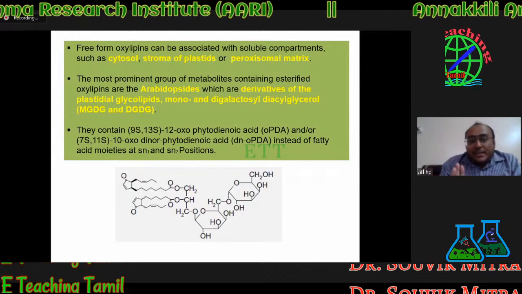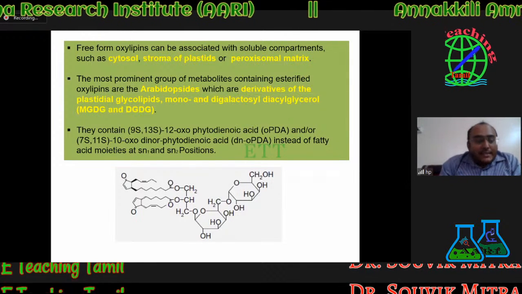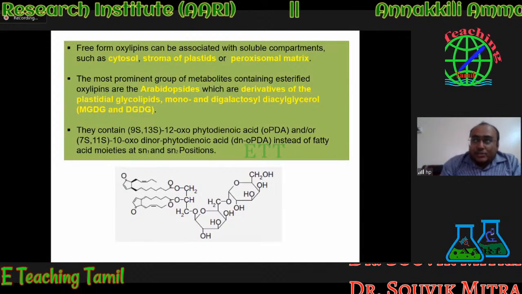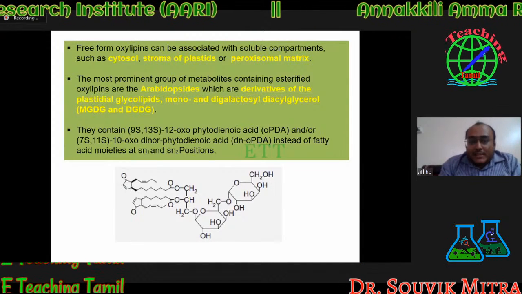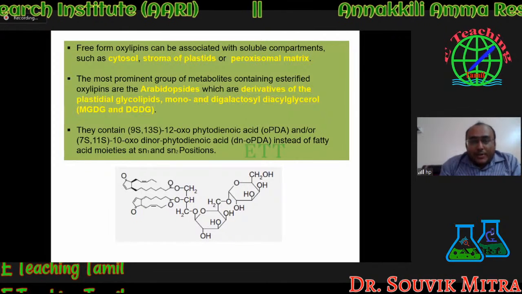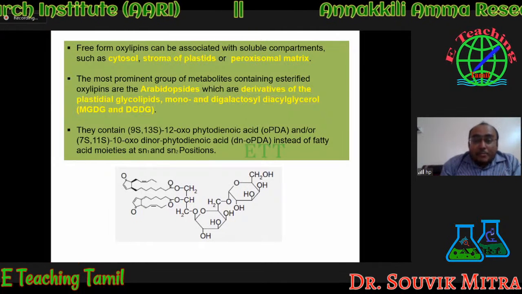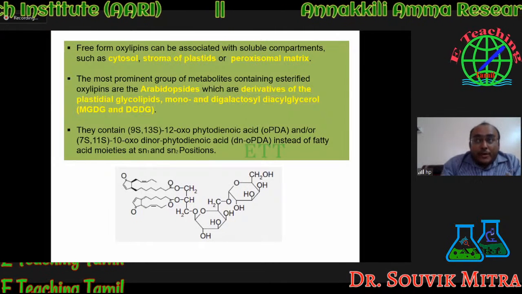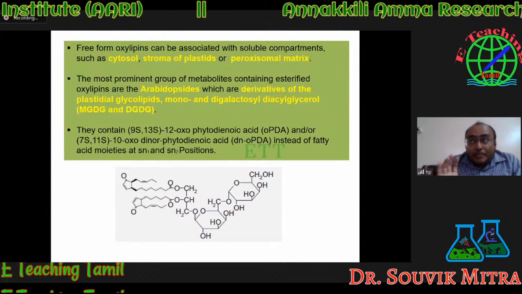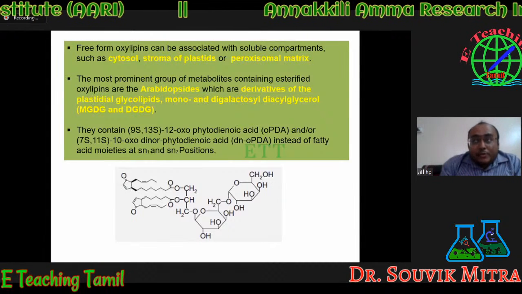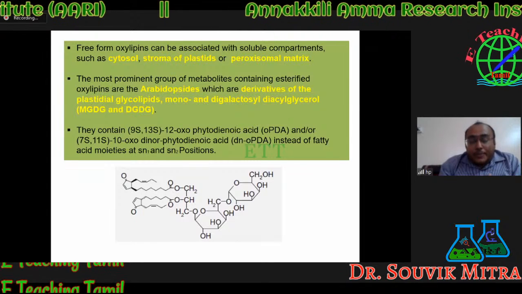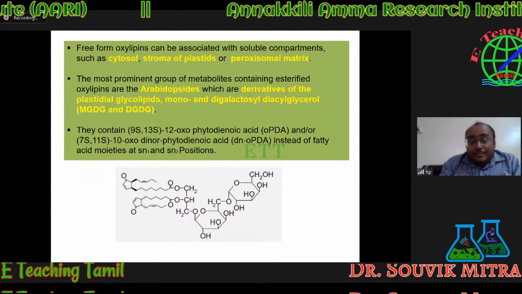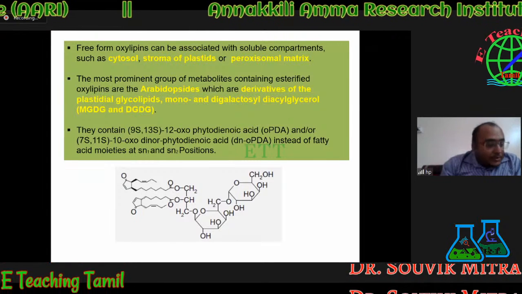Free oxylipins are basically present in the soluble compartments, mainly the cytosol, the stroma of plastids, or the peroxisomal matrix. And there are modified esterified lipids, meaning oxylipins esterified with glycolipids or phospholipids. One example I have told is arabidopside.